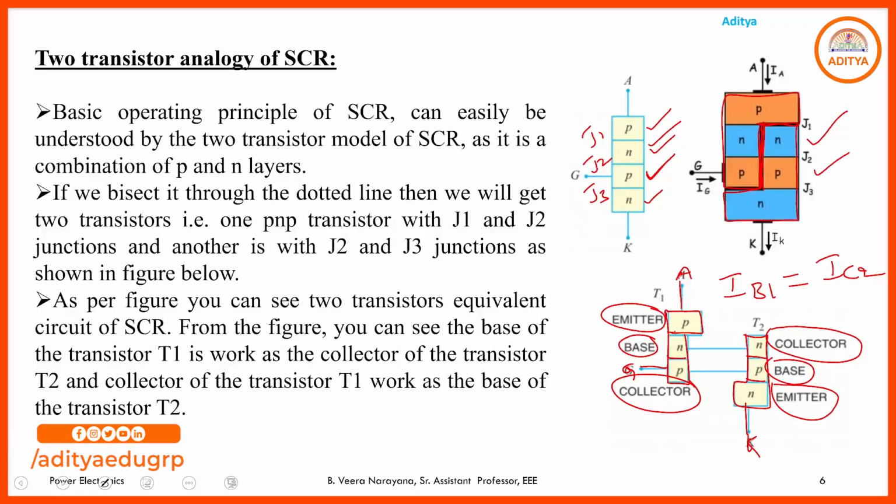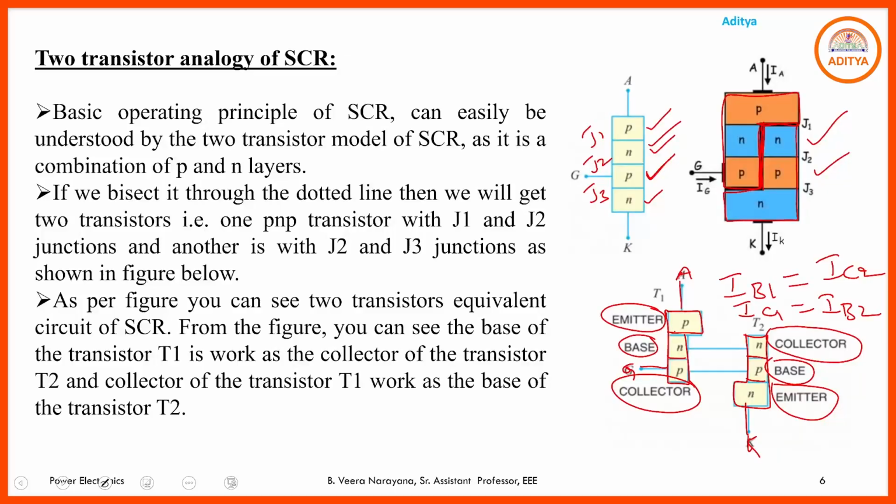Hence we write IB1 = IC2. Similarly, the collector current of the first transistor is given to the base terminal of the second transistor. Hence we write IC1 = IB2. So the base and collector terminals are connected vice versa.